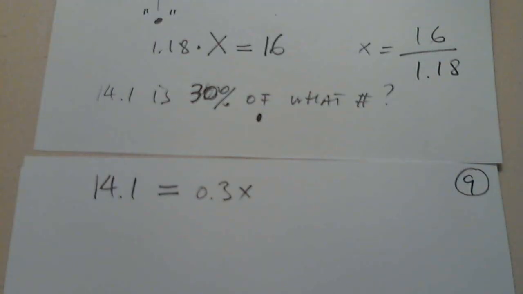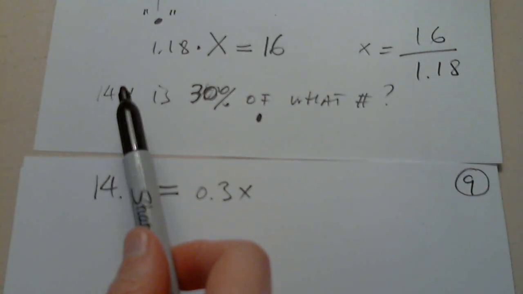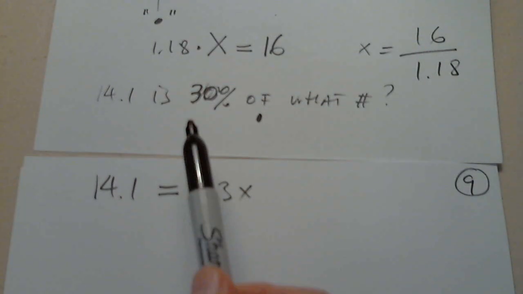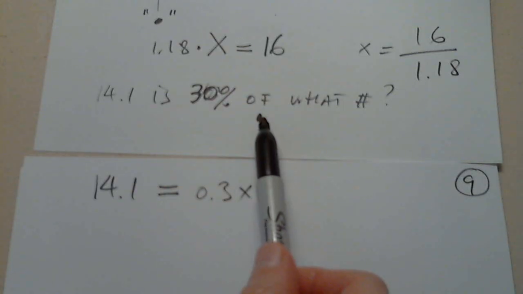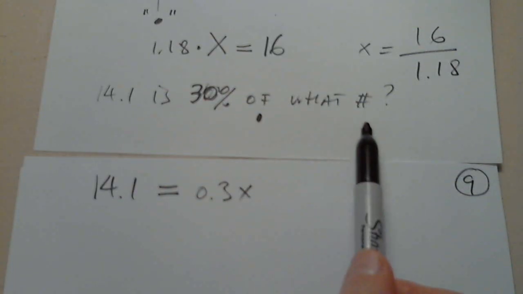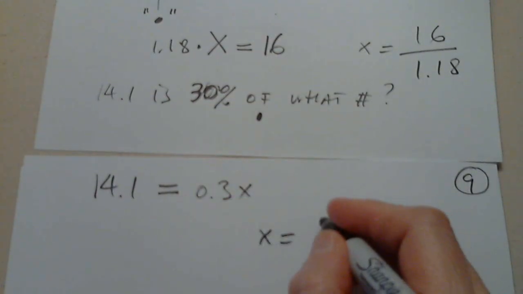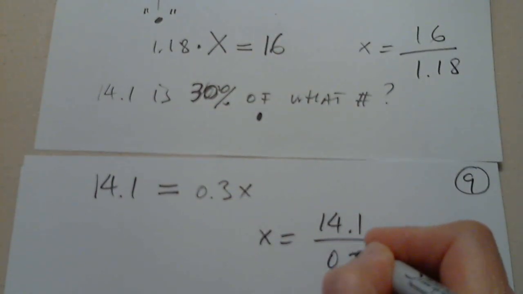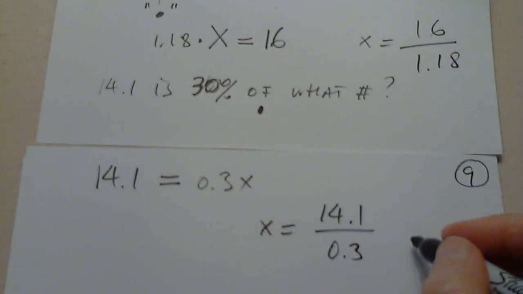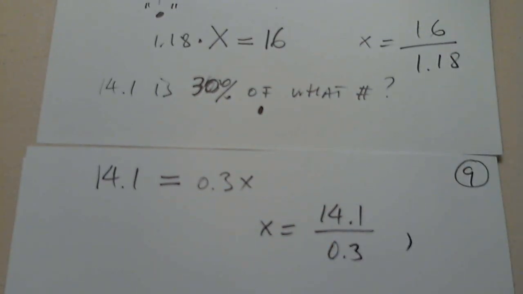Why am I saying 114? I don't know. 14.1 is 30% of, multiplication, what number? And yes, we can divide 14.1 over 0.3. And what I will do, multiply top and bottom by what?